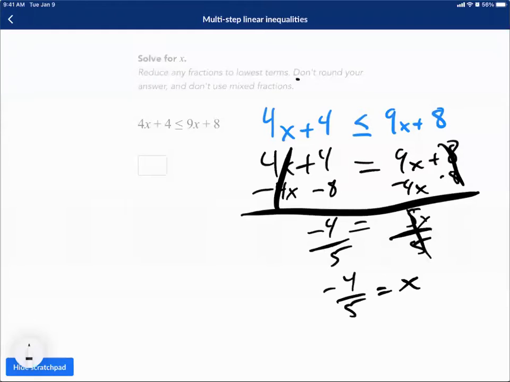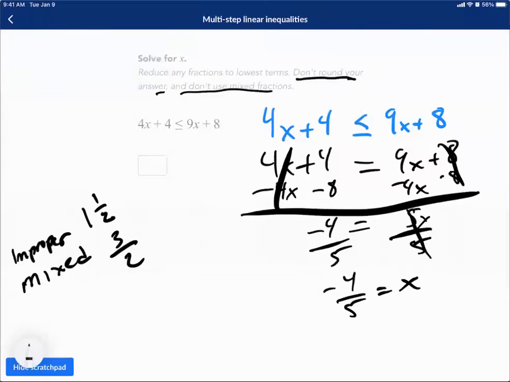And it says up here, don't round your answer, and don't use mixed fractions. I remember I was saying improper fraction, but no, this is a mixed number. And this is a mixed number, and this would be an improper fraction. So I'm going to swap this over.